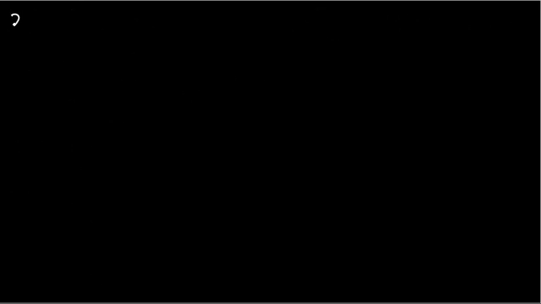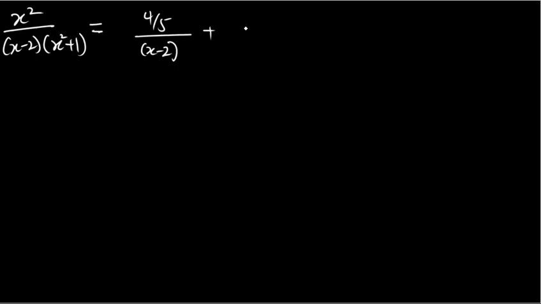So now we can say x squared on x minus 2 x squared plus 1 is equal to our a, which is 4 on 5 by x minus 2 plus our b, and now b is 1 on 5. Are we good? 1 on 5 x plus c, 2 on 5. They were all by x squared plus 1.